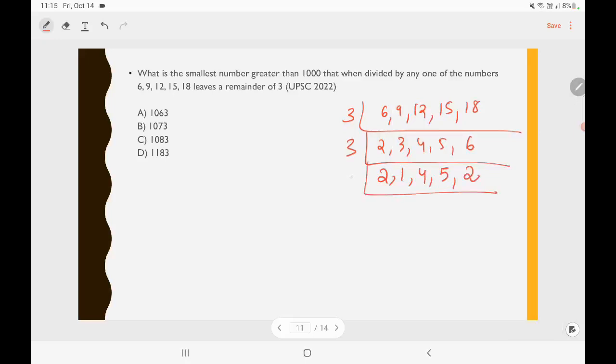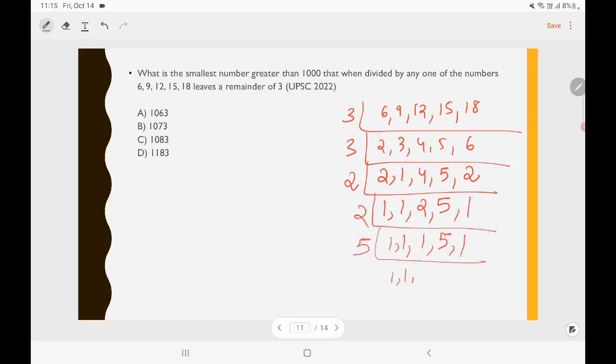Then if you divide by 2, it will become 1, 1, 2, 5, 1, 1, then dividing by 2 again, it will become 1, 1, 1, 5, 1, then dividing by 5, it will become all 1. So here LCM is equal to 3 into 3, 9, 9 into 2 is 18, 18 into 2 is 36, then 36 into 5 is 180. So 180 is the LCM of all these given numbers.